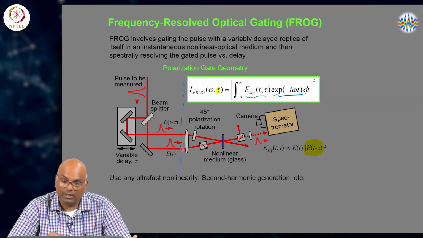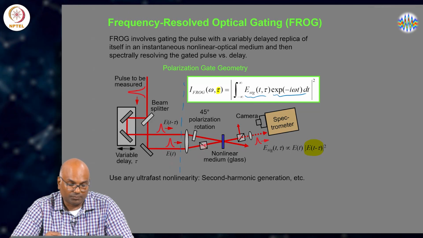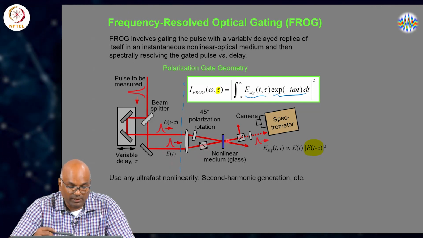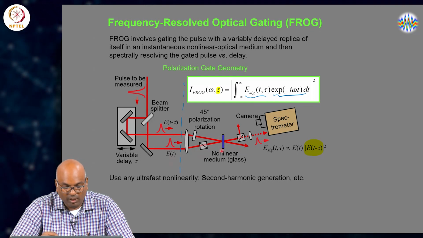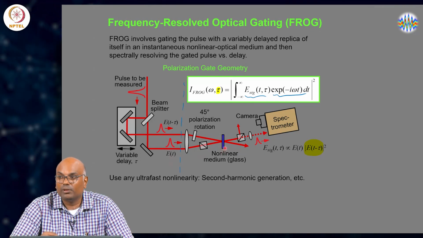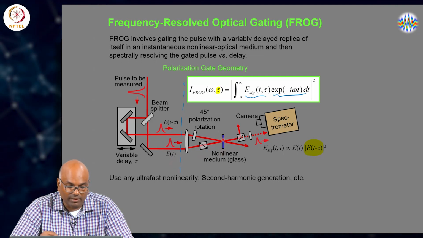That is one reason. Even if you start with a linearly polarized pulse, introduce a polarizer, that is what this scheme elucidates. Now, in the nonlinear medium, spatially and temporally overlap these two pulses and scan the delay.